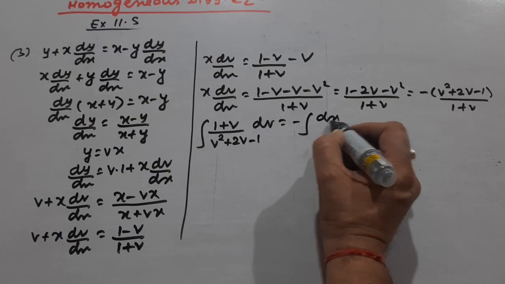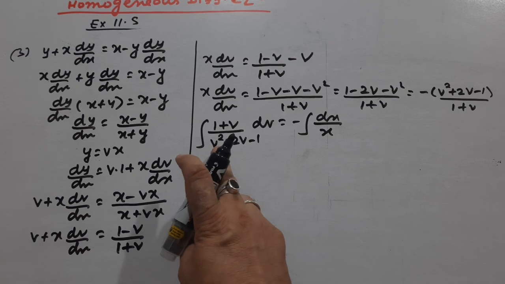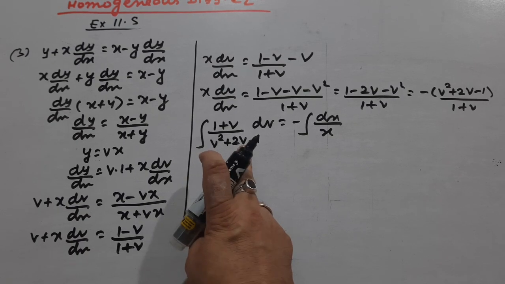Now the derivative of v² + 2v is 2v + 2.